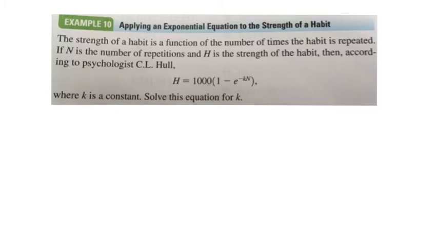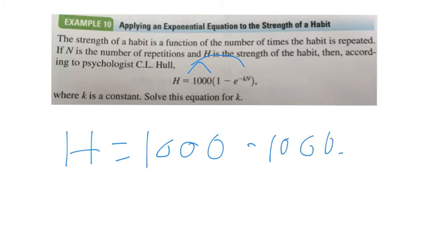Alright, if we're going to solve for k, we first need to get rid of the parentheses. In order to do that, we need to distribute. So h is equal to 1,000 times 1 is 1,000, minus 1,000 times e raised to the power of negative k times n.